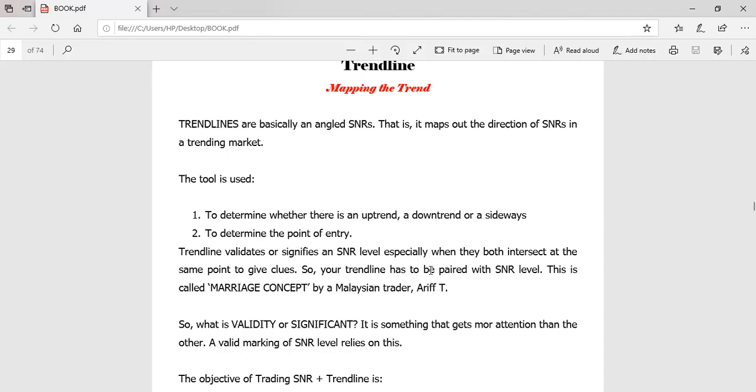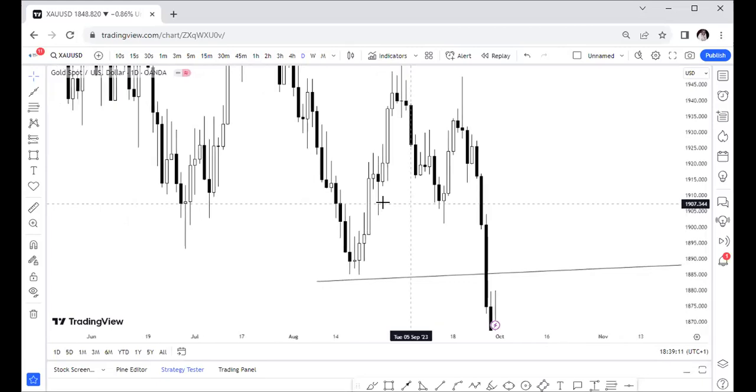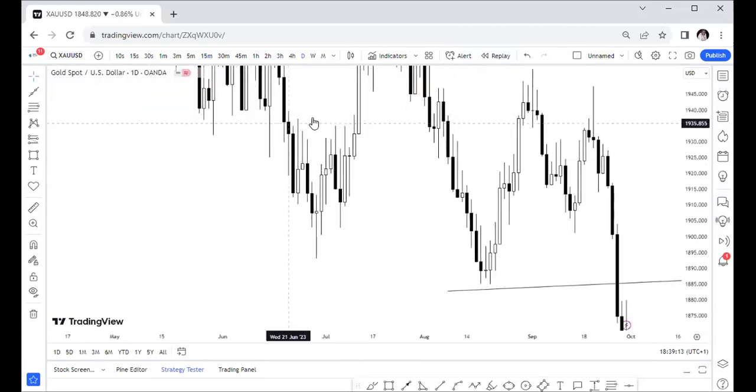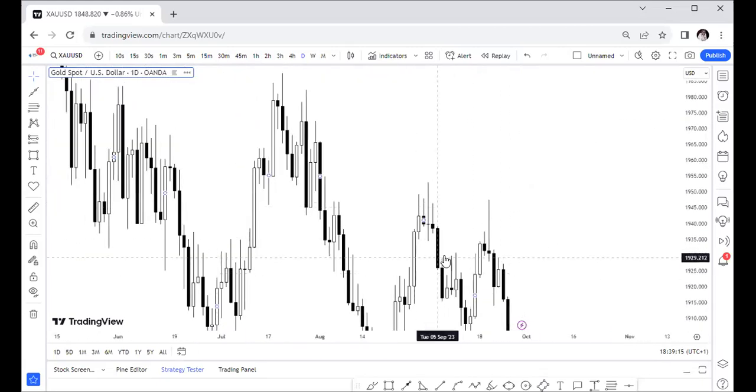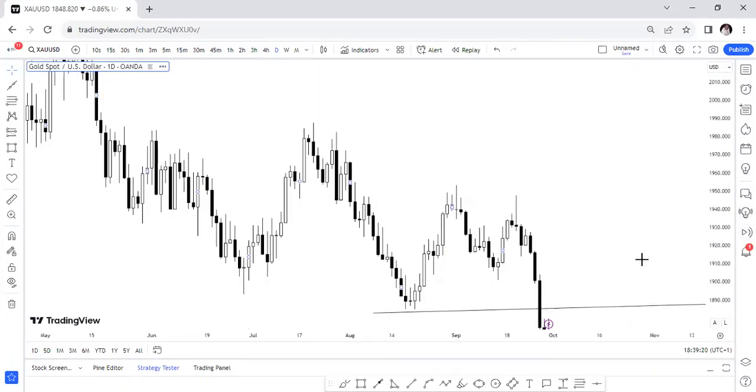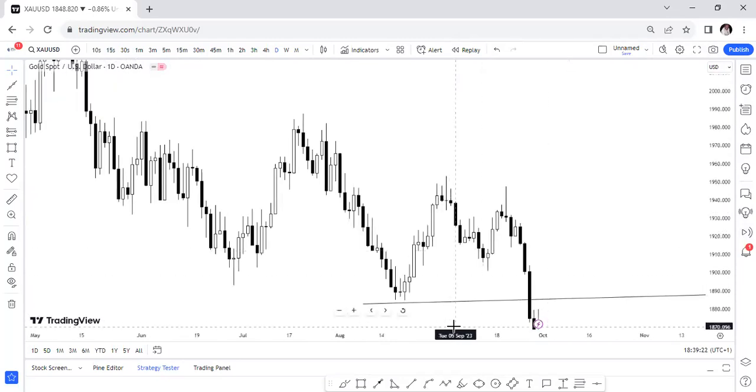The second use is to determine the point of entry. Like I've shown you, you use it to determine whether the price is in a downtrend or in an uptrend.